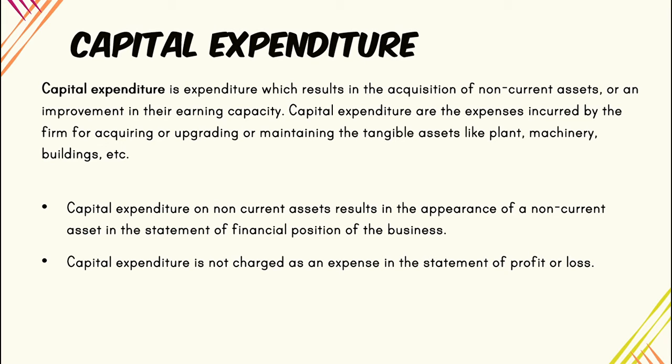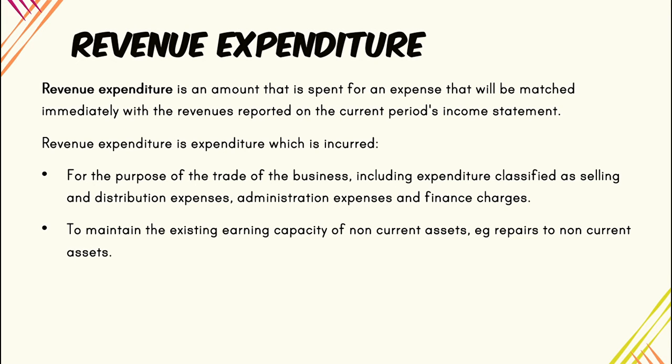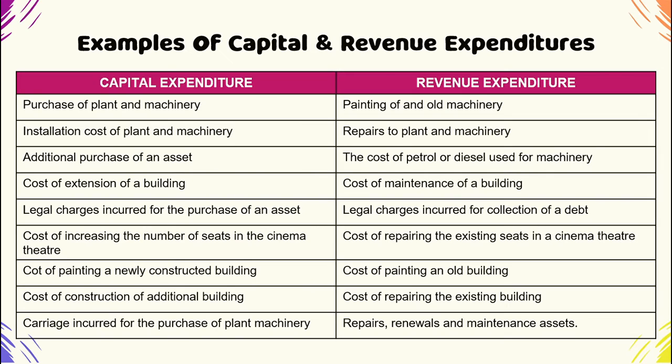Capital expenditures are the expenses incurred by the firm for acquiring, upgrading, or maintaining tangible assets like plant, machinery, and buildings. While revenue expenditure is an amount that is spent for an expense that will be matched immediately with the revenues reported on the current period income statement. These are the examples of capital and revenue expenditure.